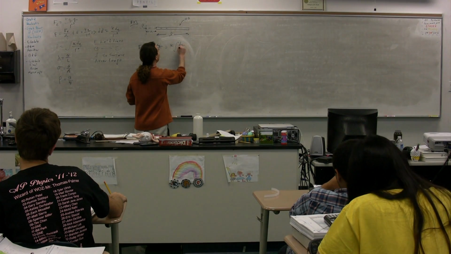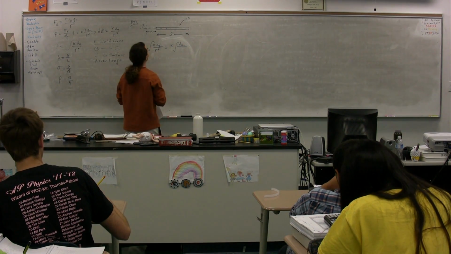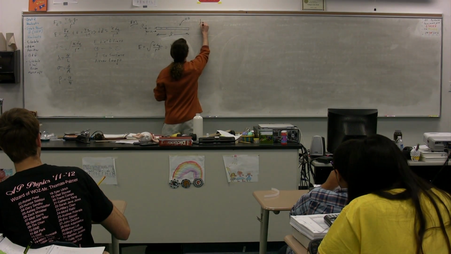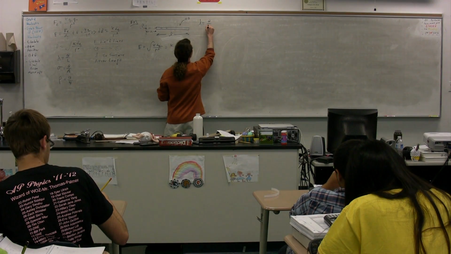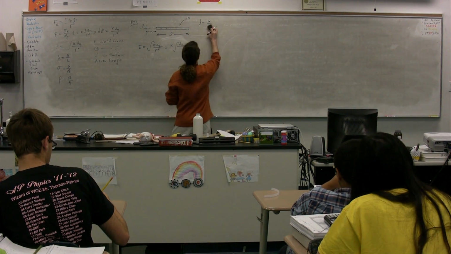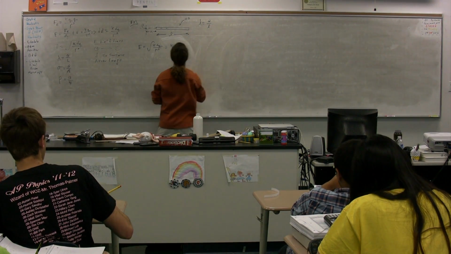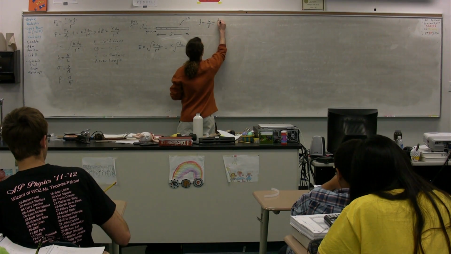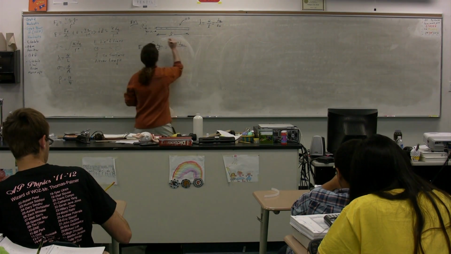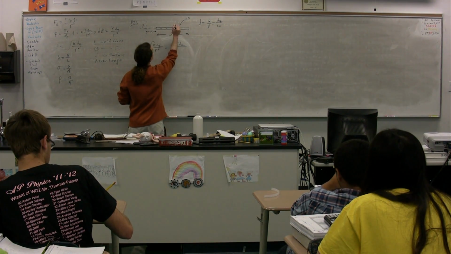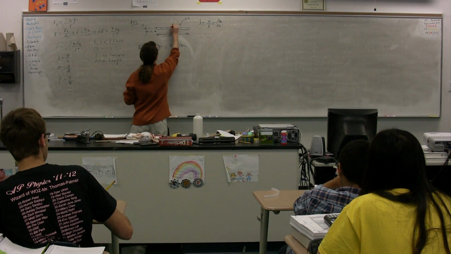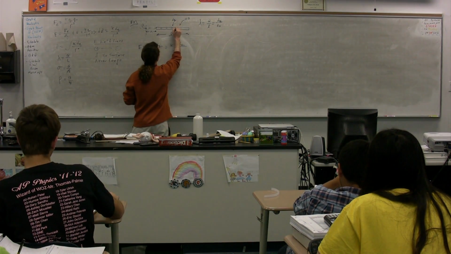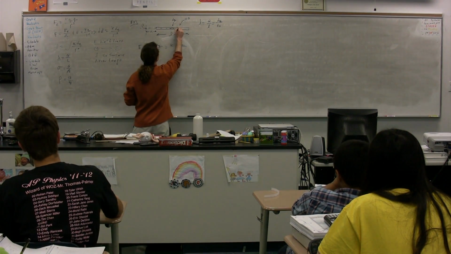And then we know that lambda equals Q over L, which is also equal to dq over dx. Notice, in the x direction, we have this little charge here, which is dq, and it has a width, dx.